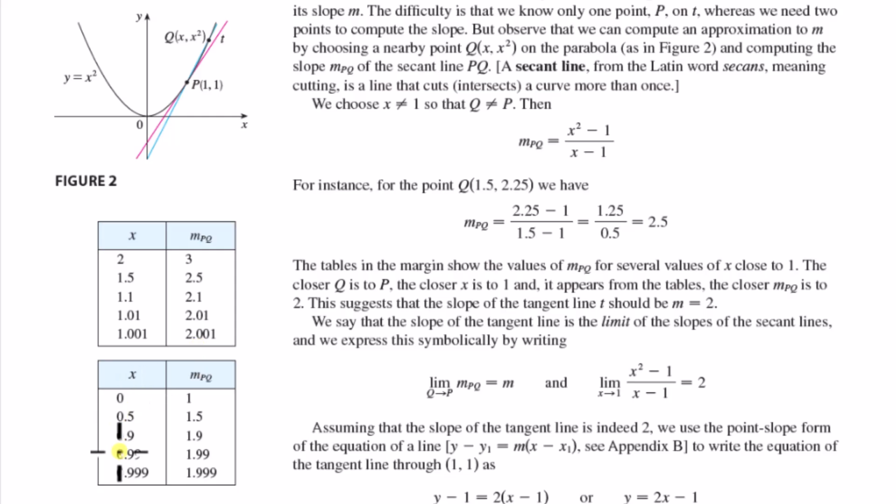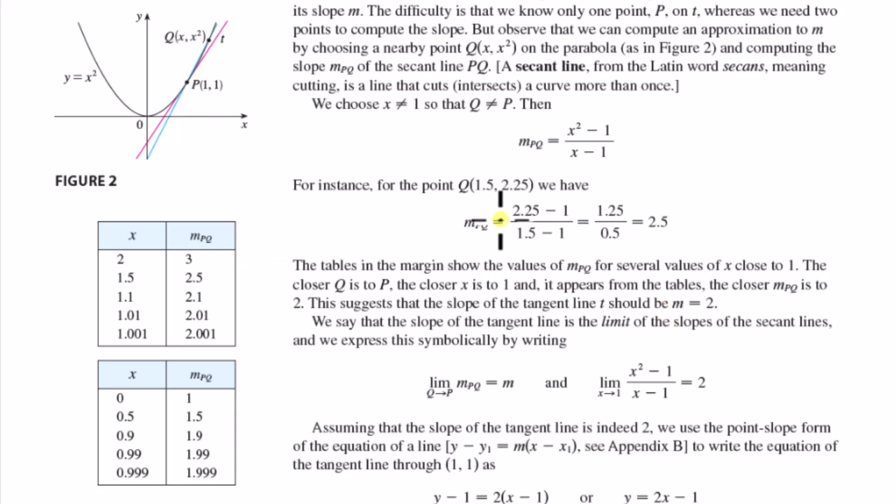And as X gets closer and closer to 1 coming from below, the slope of the secant line is also getting closer and closer to 2, but coming from below 2. So it seems as though we could potentially state that the exact slope of the tangent line itself, that one unique tangent line to the curve y is equal to x squared that goes through point P, the point (1, 1), is 2.